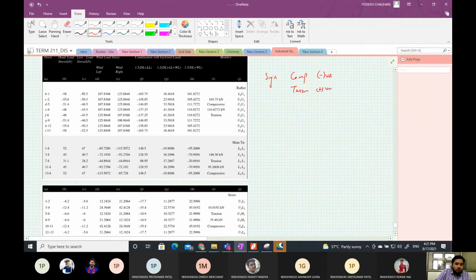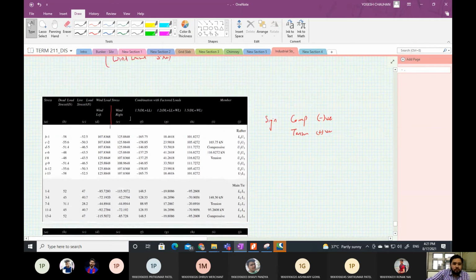Likewise, you find all the member forces for the dead load, for the live load, for the wind load on windward side, and on the leeward side. And then you add the combination 1.5 dead load plus live load, 1.2 dead load plus live load plus wind load, 1.5 dead load plus wind load. And from all of these, the maximum is taken.